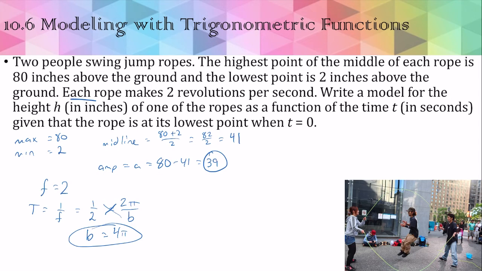All right, continuing on. Write a model for the height of one of the ropes as a function of time, given that the rope is at its lowest point when t equals 0. So we're going to start at our minimum, which means it's going to be a negative cosine.